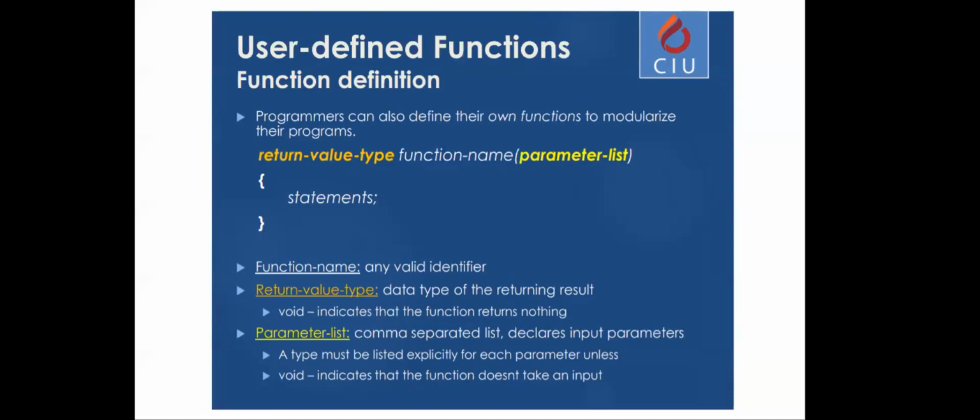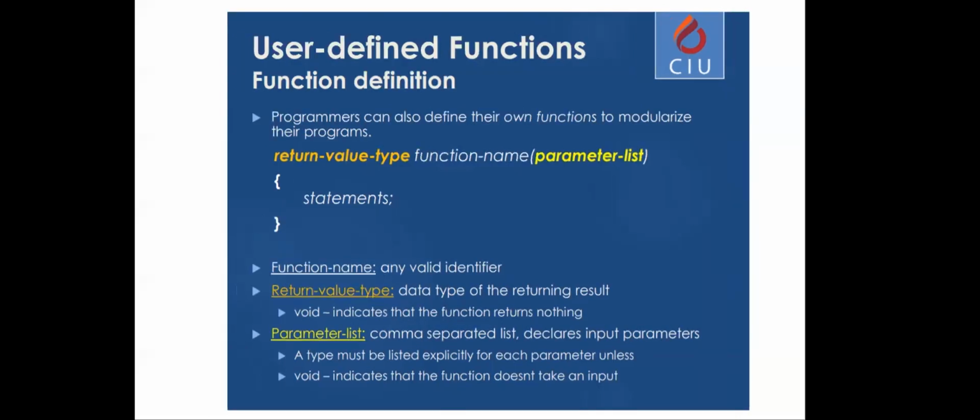However, this is not the case with user-defined functions because you create the user-defined functions yourself. These functions do not exist in the C++ library, but rather you create them so that you can shape what you want to do with them.